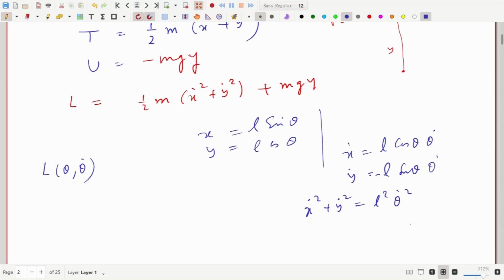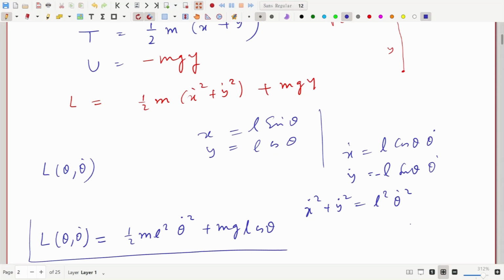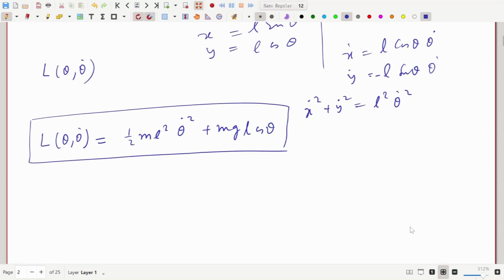If I substitute x and y in the Lagrangian, I will get the Lagrangian appropriate to describe the simple pendulum: half m L square theta dot square plus mg L cos theta. So, this is the Lagrangian for this system, and you have to check that it is consistent with the degrees of freedom and the number of generalized coordinates.